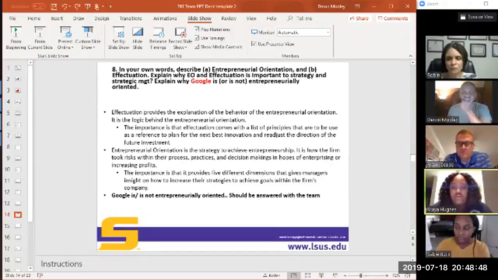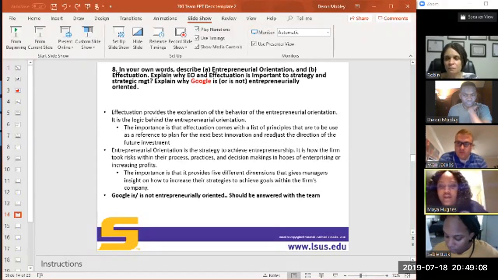And effectuation is what they planned out, or the behavior of the entrepreneurial orientation. How can I put that? What did their mind think about? What did they write down? How did they plan to tackle the EO?